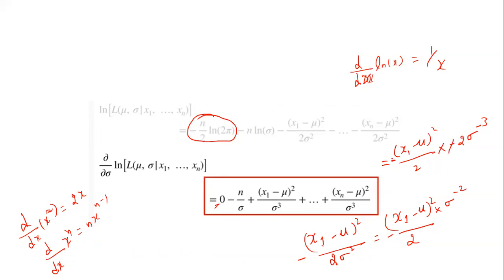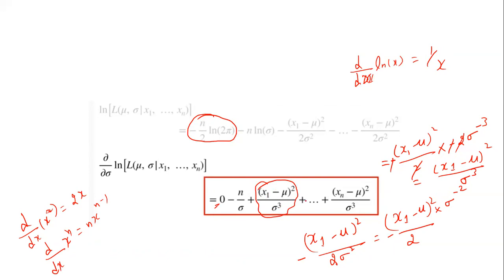Now this minus and minus becomes plus, so it cancels, and this 2 and 2 also cancel. We can write this as x1 minus mu the whole squared, and bring sigma down, it becomes sigma to the power 3. That is how we got this term, x1 minus mu the whole squared divided by sigma cube.